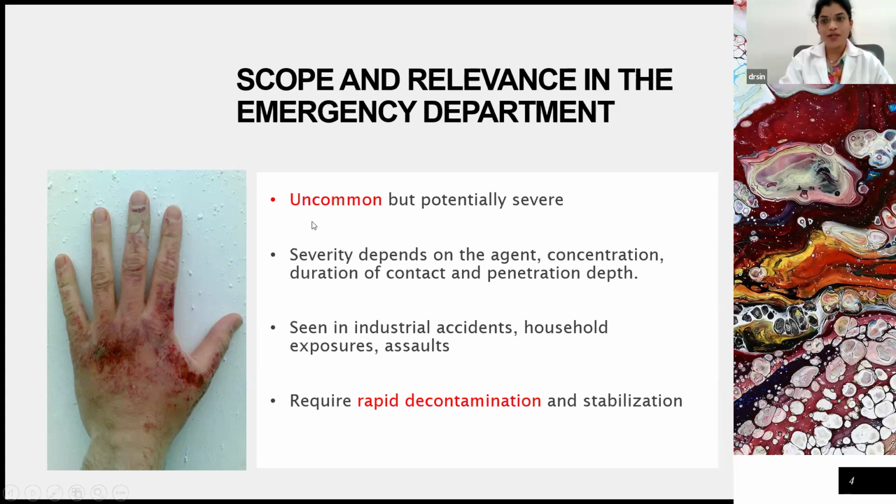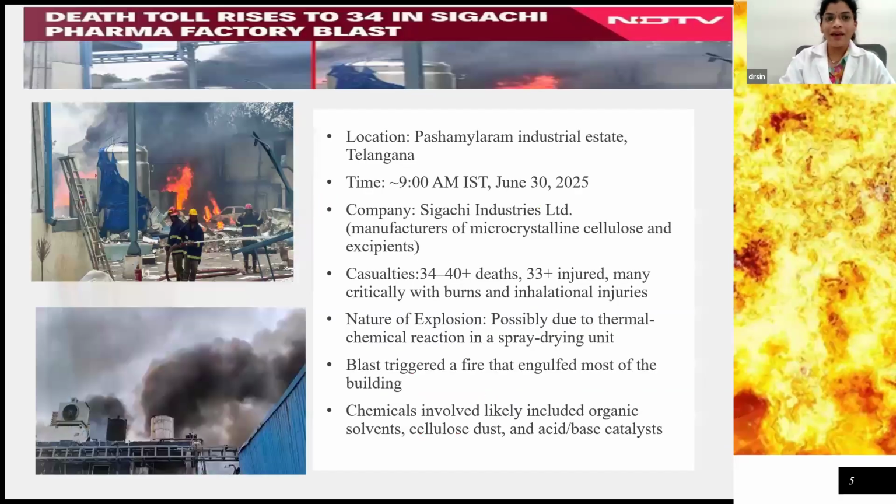I want to emphasize that these injuries are uncommon. But just when I was preparing this PPT, there was breaking news on television about a chemical reactor blast in an industry on the outskirts of Hyderabad.